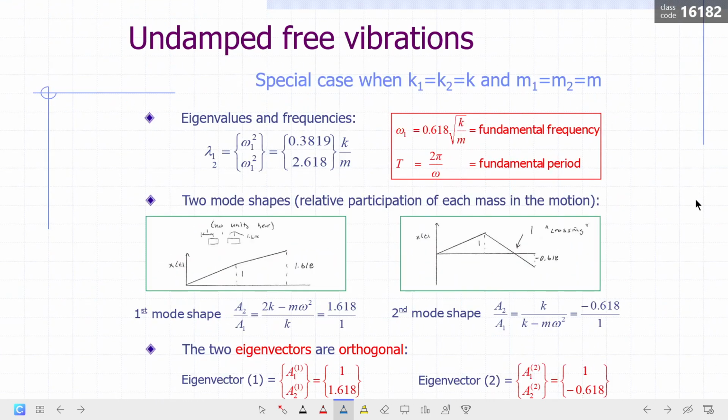Now we got two eigenvalues. After we got the eigenvalues, we can find the eigenvectors.